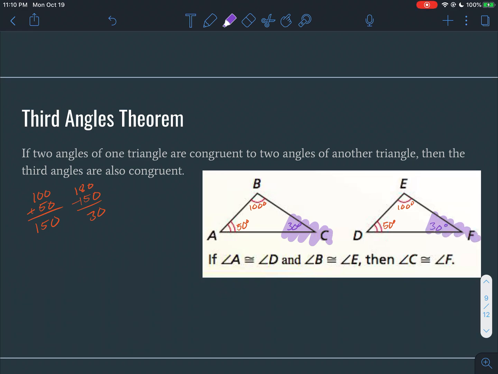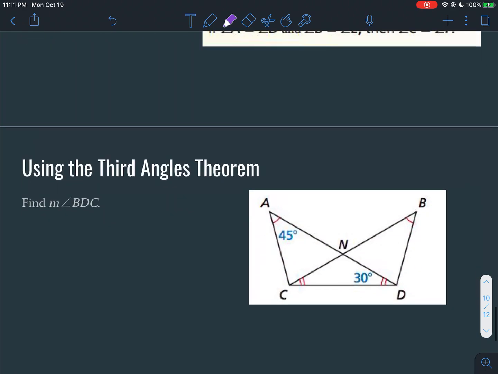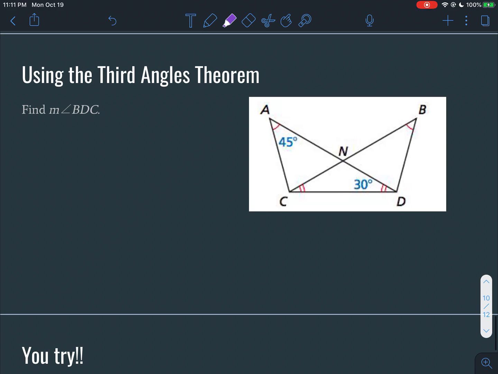I think I am going to color those in real fast. Okay. So when it says we're using the third angles theorem, and it asks us to find the measure of angle BDC, so that angle right there, my number one recommendation for a triangle that looks like this is separate them.